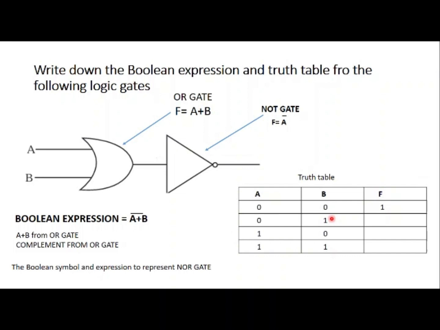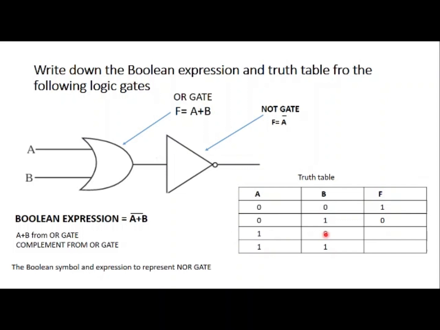Here 0, 1. According to the OR gate, can you remember the OR gate truth table? When there was 0 and 1, it is 1. Then you get the opposite. Why here? Because (A plus B) complement. First go through the OR gate and then take the opposite value, because there is a NOT gate. So 0, 1 would be 1 according to the OR gate. Then the opposite, 0. 1 and 0 would be 1 according to the OR gate.